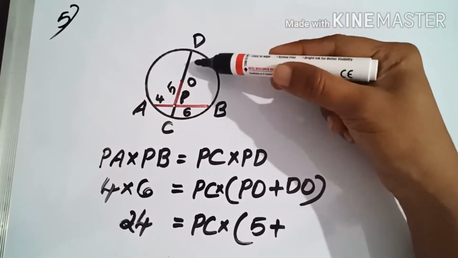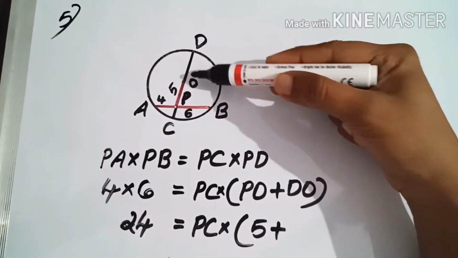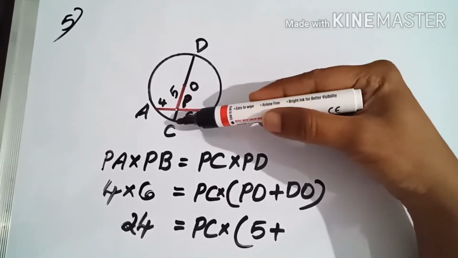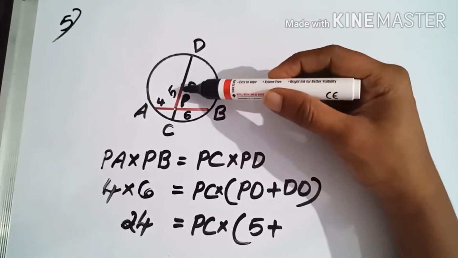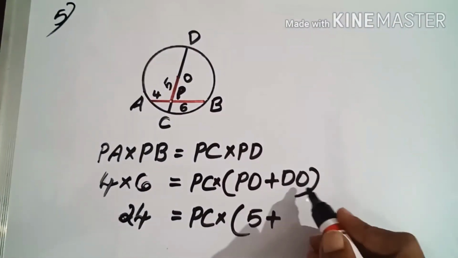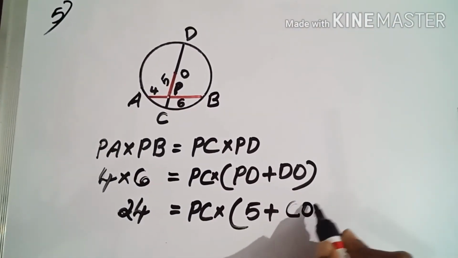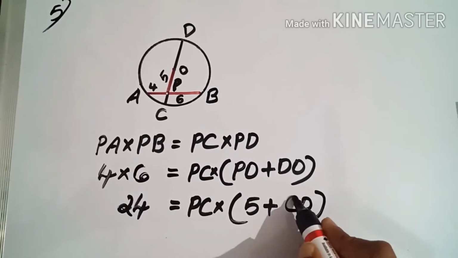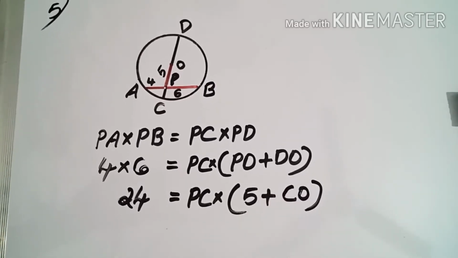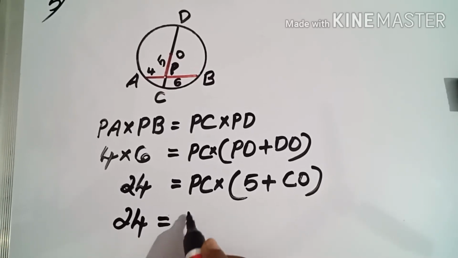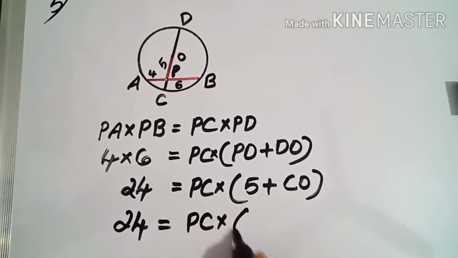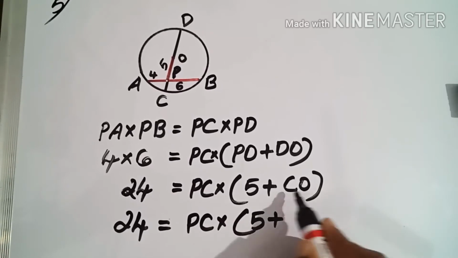Here in this circle DO is one radius and CO is also a radius. So instead of DO, let's write CO, both are the same. Now in the next step, 24 equal to PC into 5 plus CO.